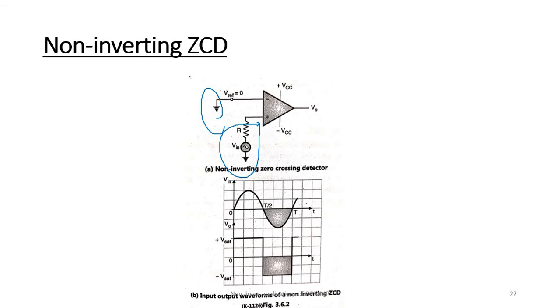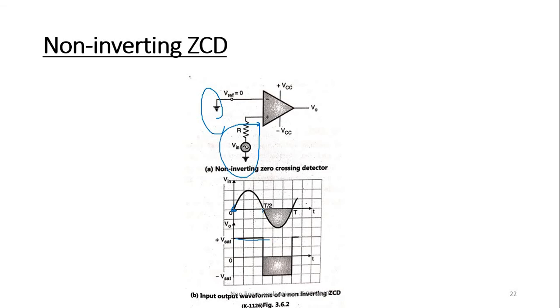Refer to the waveform. When the input wave crosses zero and becomes positive at the instant t equal to 0, the differential voltage Vd becomes positive and the output voltage swings to positive V saturation.